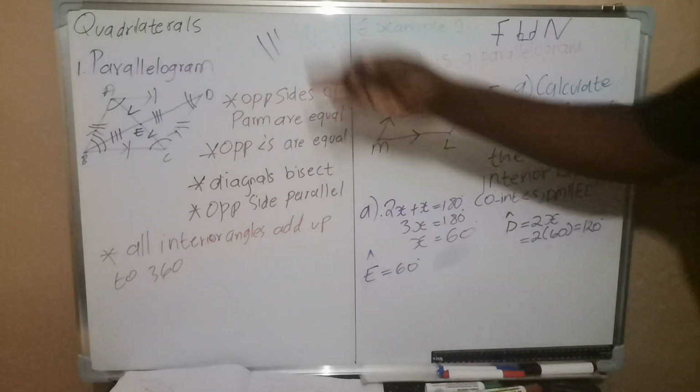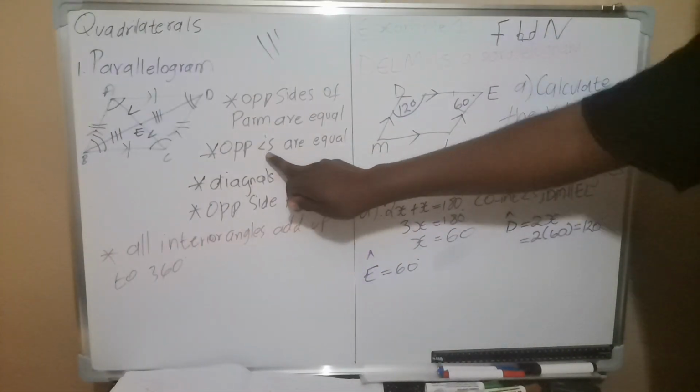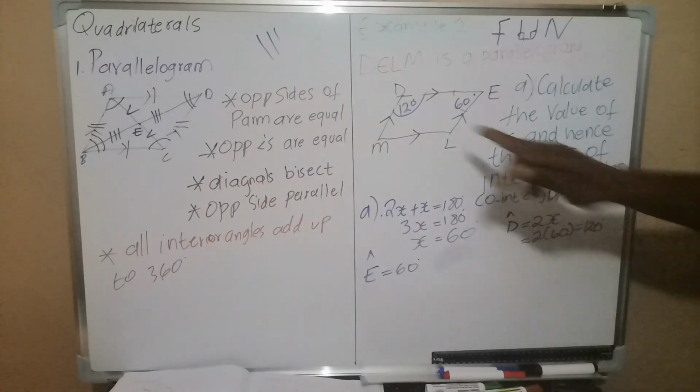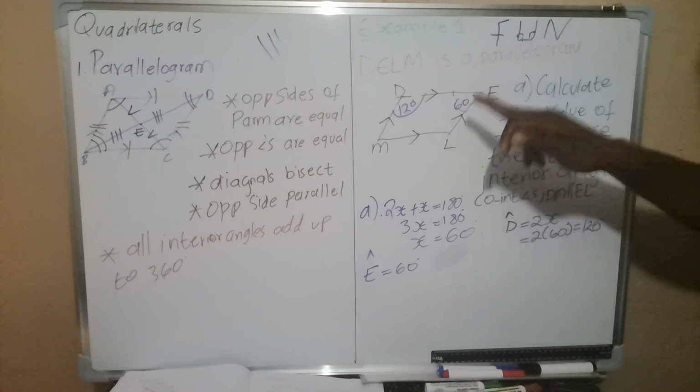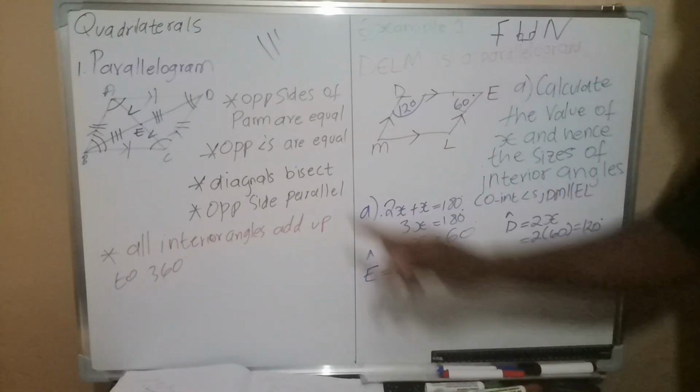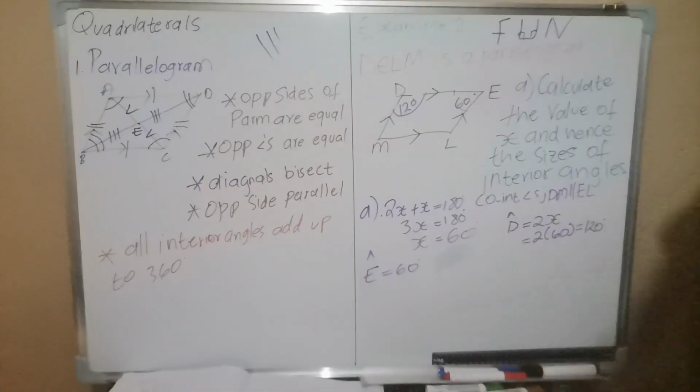As per the properties of a parallelogram, opposite angles of a parallelogram are equal. That means angle M is equal to angle E, and already angle E is 60. That means angle M will be 60 degrees. Why? Opposite angles of a parallelogram are equal. Let's apply this property.